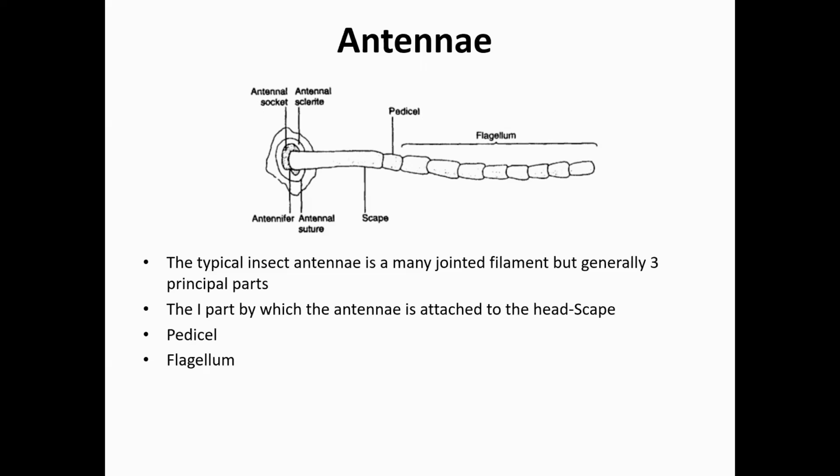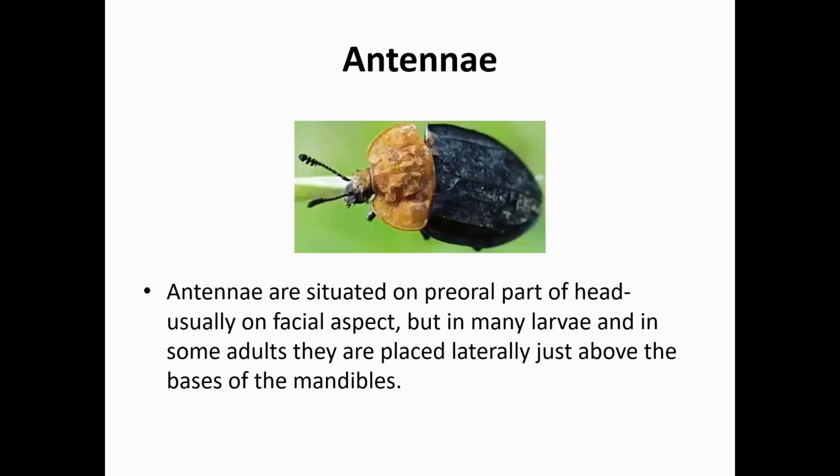So scape, pedicel, and flagellum are the three segments of the antennae. Antennae are situated on the preoral part of the head, usually on the facial aspect. But in many larvae and in some adults, they are placed laterally, just above the bases of the mandibles.